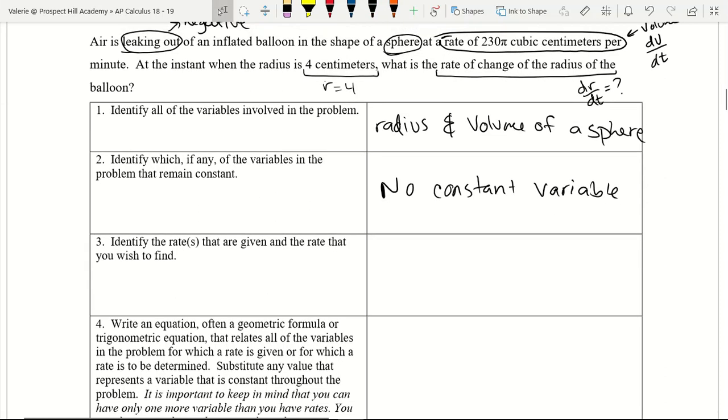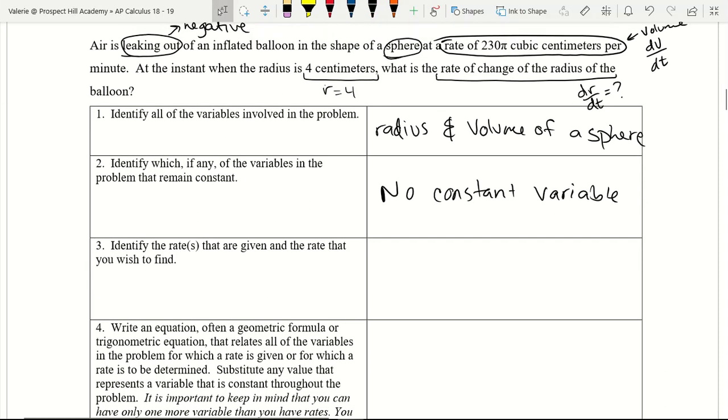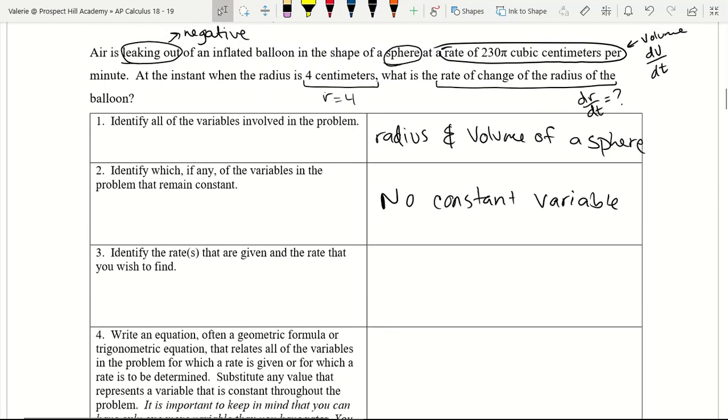Okay, so now we want to identify the rates that are given and the rate that we wish to find. When we annotated this problem, we had two rates. We had dV/dt and we had dr/dt, one of which is given to us, the other is the one we wish to find. dV/dt was given to us, and it's 230 pi centimeters cubed per minute.